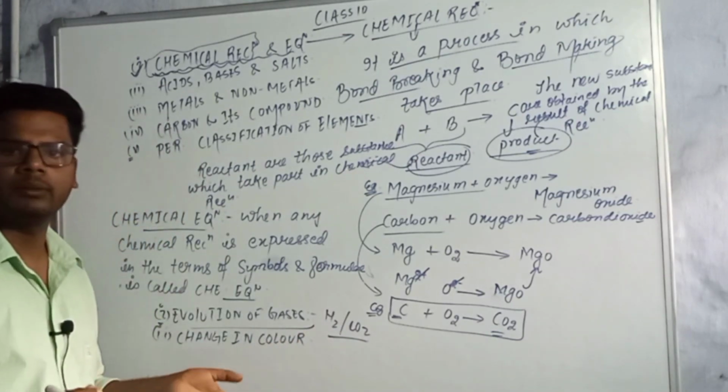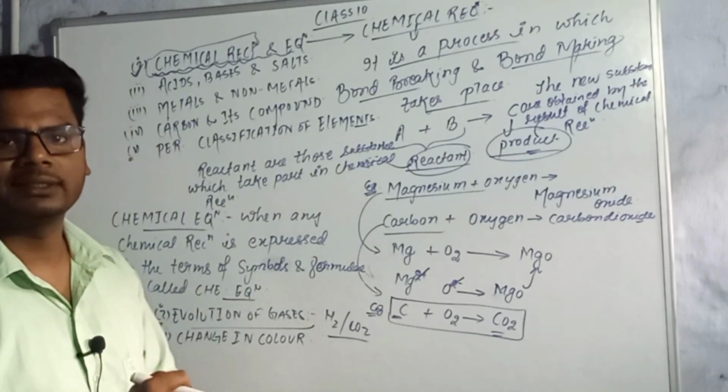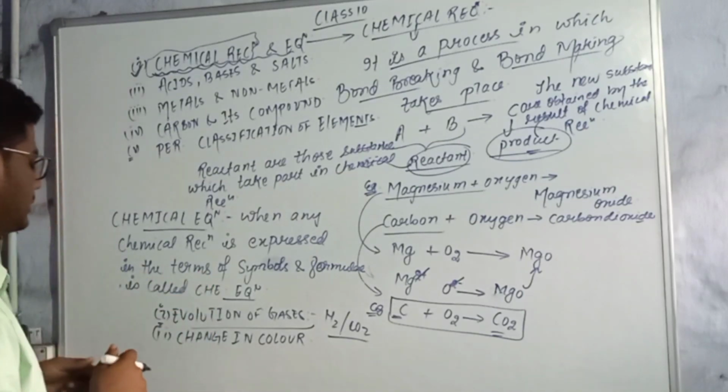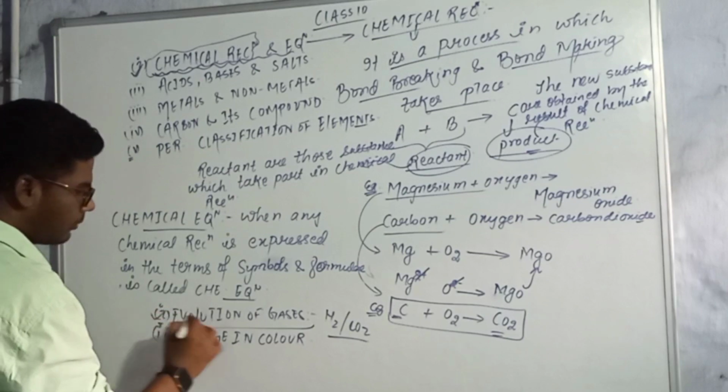Maybe all are seen, maybe only one or two are seen in a particular reaction. The first one is evolution of gases; up to class 10 we mainly study H2 and CO2.